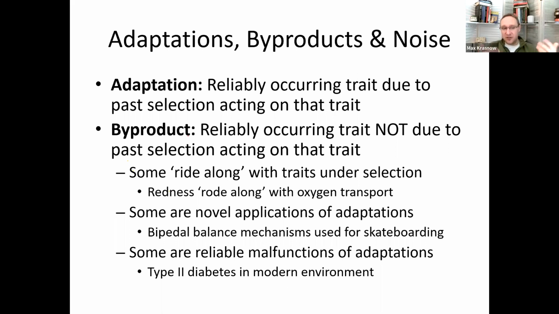This ability to have type 2 diabetes, or the commonness of type 2 diabetes, is a reliable trait of human nature, but we wouldn't say that it's an adaptation. Rather, it's a byproduct of one way that our diet choice mechanisms malfunction, or because they're mismatched to the modern environment. So this is another way that byproducts can result in individual differences.